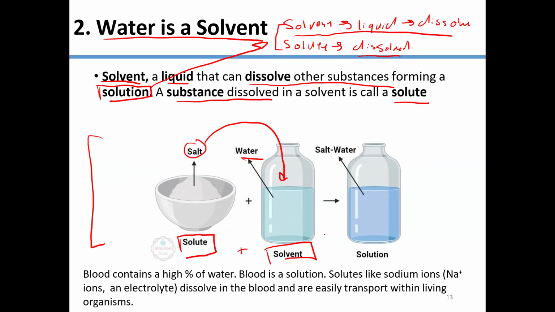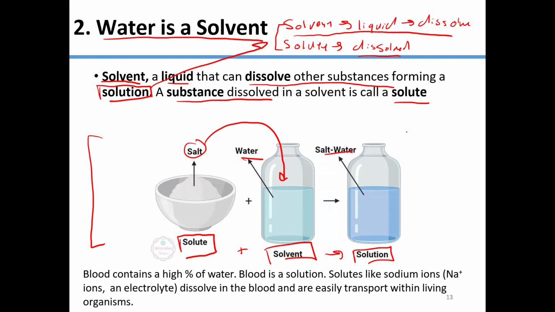When we add those two together, we end up with our solution, which is salt water. So again, solute, salt, solvent, water, creating our solution, which has our solvent and solute together to create our salt water.